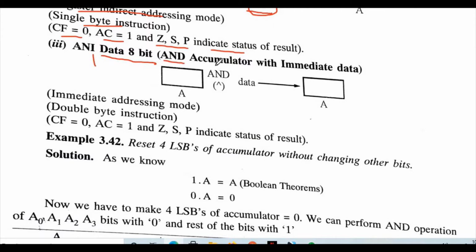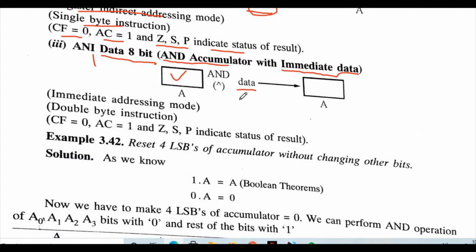This 8-bit data will be given along with the instruction. First data the microprocessor will take from the accumulator. Second data is given along with the instruction, 8-bit data. ANDing of these two will be done by the microprocessor and the final result will be stored in the accumulator again.